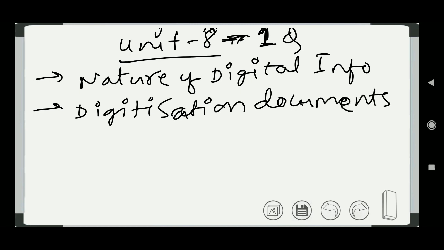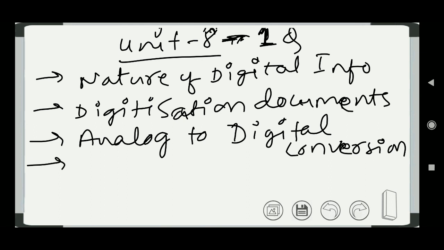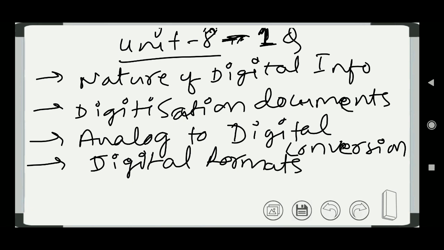So next, analog to digital conversion, this is also very important one. Other than these, digital formats is also important. Digital formats, any one format they may ask for a 5 marks question.